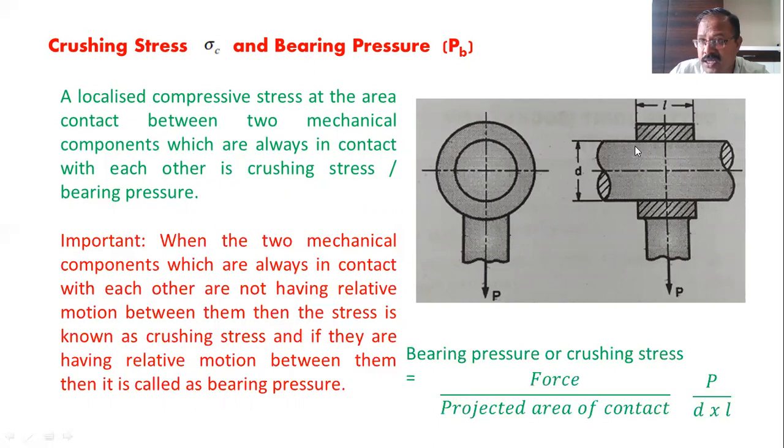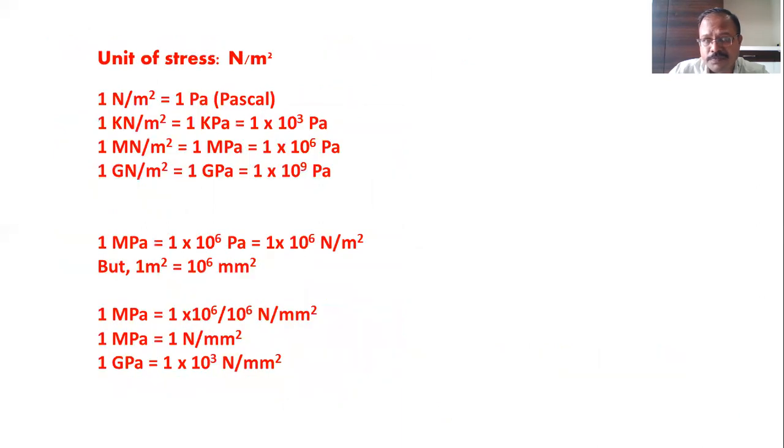Here the projected area is the area in which they are in contact, that means D into L in this case. So P upon D into L will be bearing pressure or crushing stress. No relative motion, then crushing stress, for example keys. If there is relative motion, as in case of splines, then the design criterion will be bearing pressure.